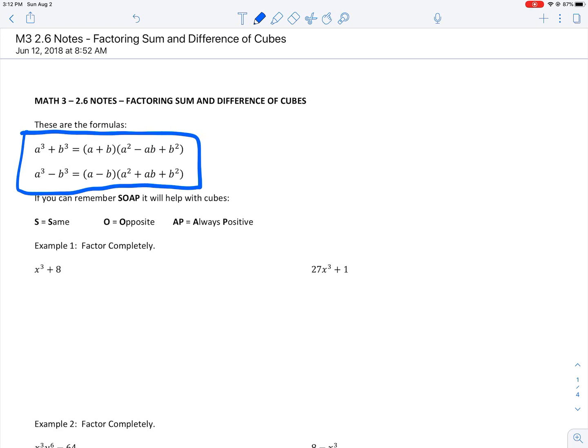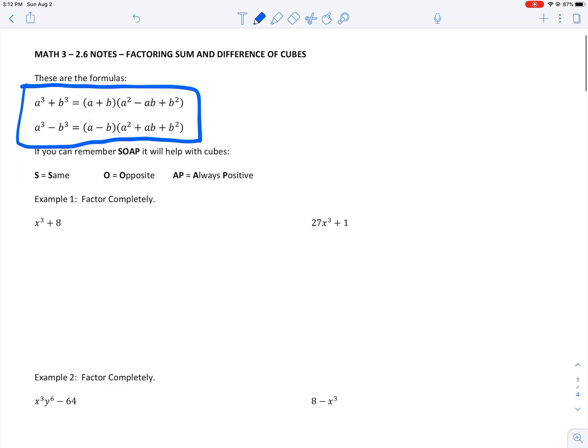There's one for addition, one for subtraction, sum, difference. Notice how similar they are. The only thing that's different are the signs, right? One's plus minus, and then one's minus plus. So to help you remember the signs, because everything else is the same, you're going to remember SOAP.